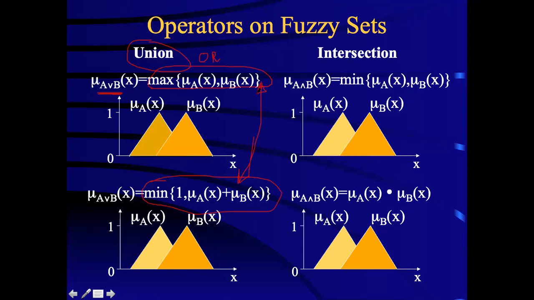There are numerous different ways of implementing the OR. The most common of all is to take the maximum value, right? And on the right hand side, you will find the intersection, which is also called the AND operation. Here again, there are two different ways of implementing the AND operation.